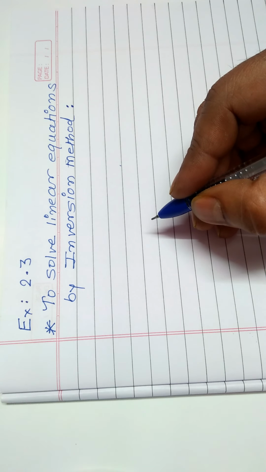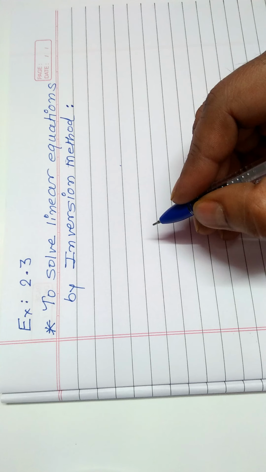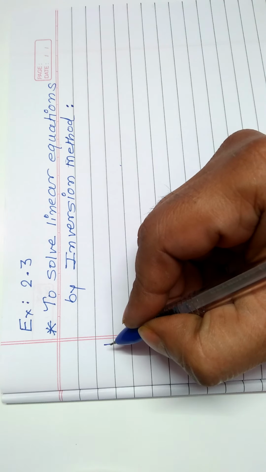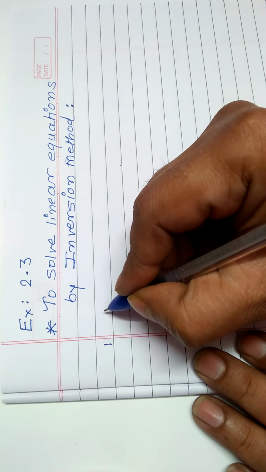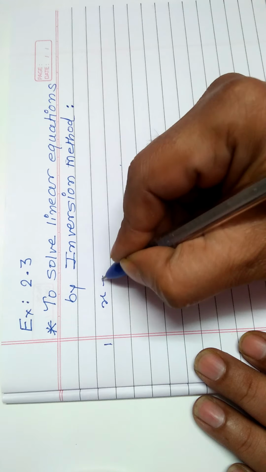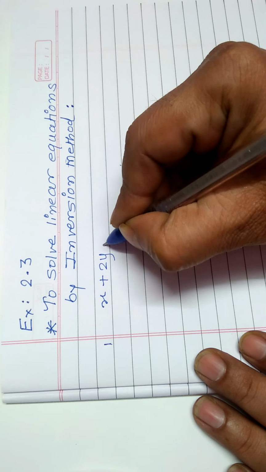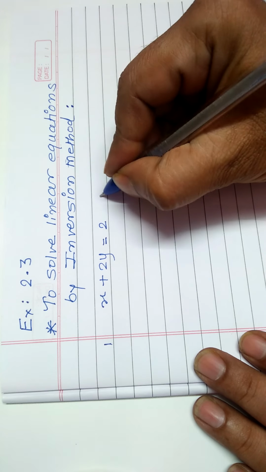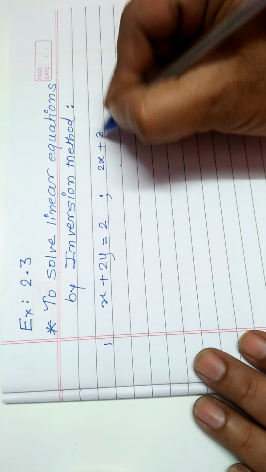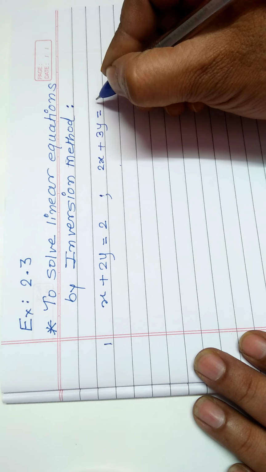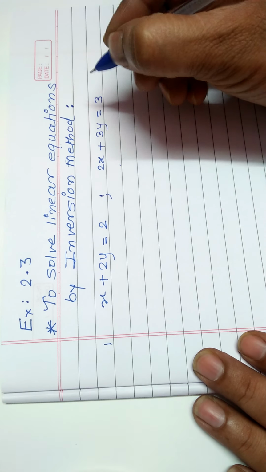This is exercise 2.3 and I'm taking sum number 1. The first equation is x + 2y = 2, and the second equation is 2x + 3y = 3.